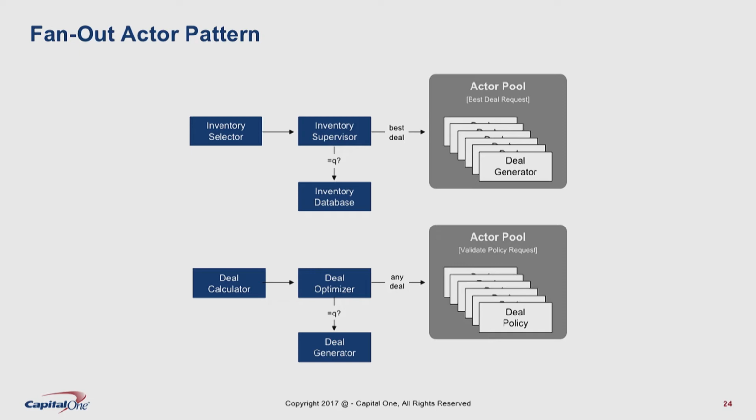And we pull out of an in-memory database that we built from the inventory we have for nationwide, 3.5 million vehicles. And we fan these things out to either a set of actors that are generating deals and trying to find the best deals for individual vehicles, or we fan this out to a set of actors that are just validating the policy across all of the vehicles.